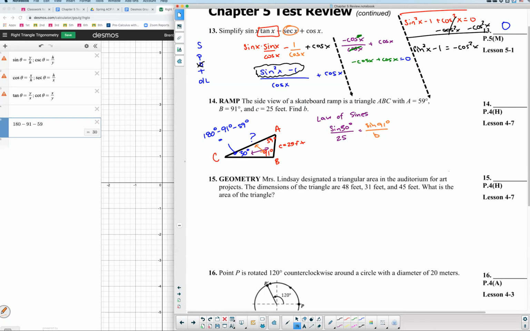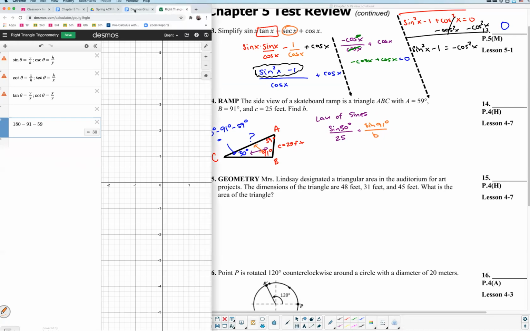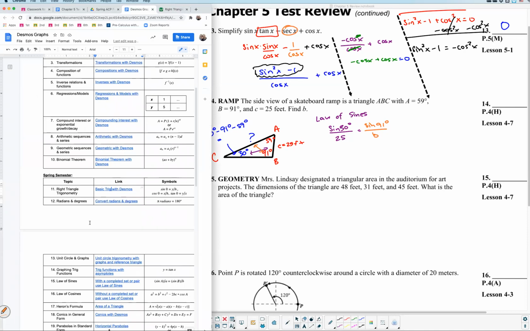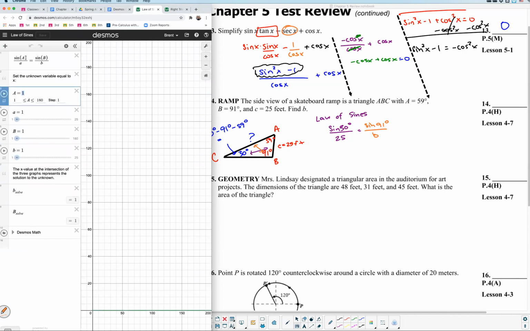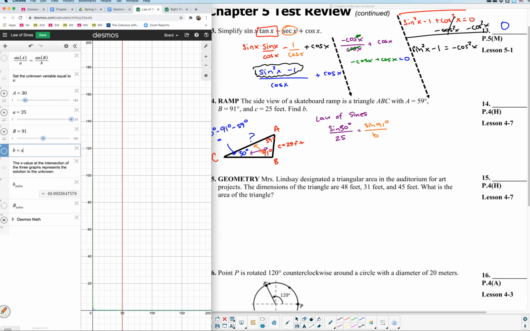We could cross multiply and divide, but I'm just going to use my calculator. Desmos graphs law of sines, and we'll type in our values. According to my ratio set up here, sine of 30 over 25 is going to equal sine of 91 divided by unknown B. I'll hit X. You can look at where they cross here on the graph, or you could just look at this.